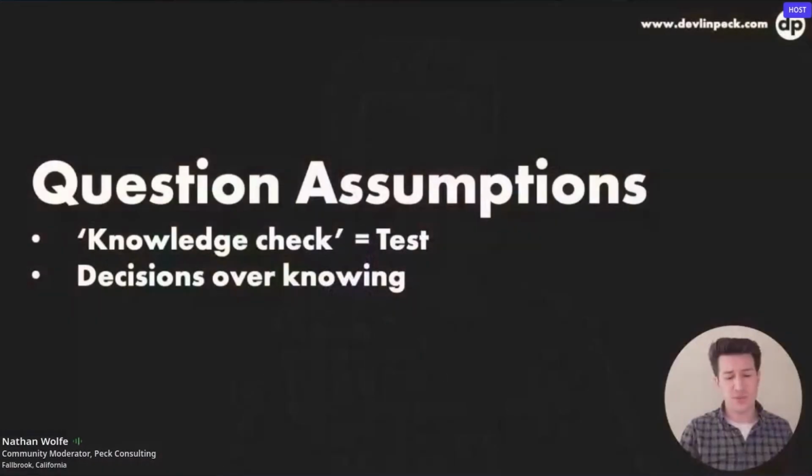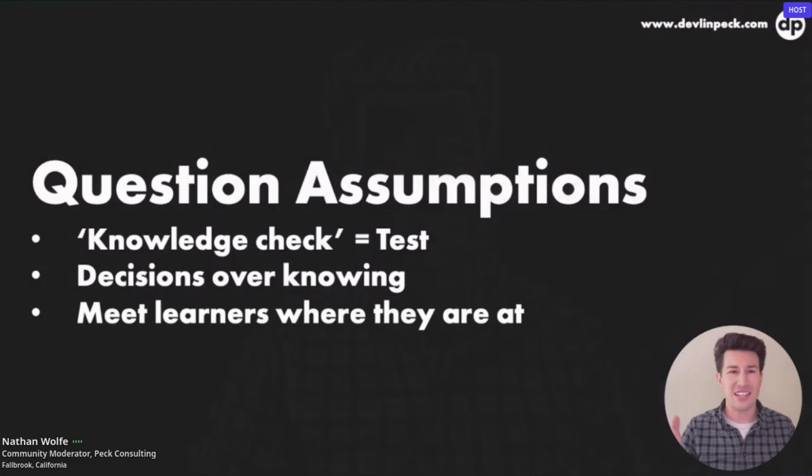In fact, that's really what she goes on to talk about later, is like, meet learners where they're at. Question assumptions that everybody needs the exact same training. And this is where I think a lot of the problem comes into play too, where that school model so inculcated in those creating the training, but also those going through the training themselves, is we need to meet learners where they're at.